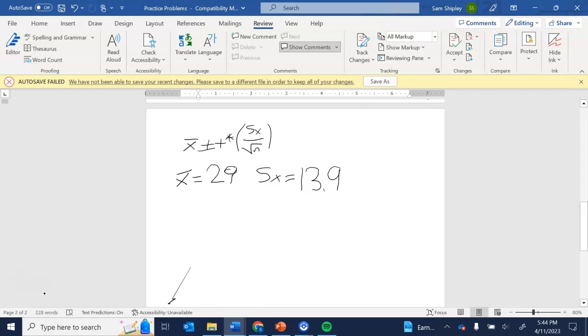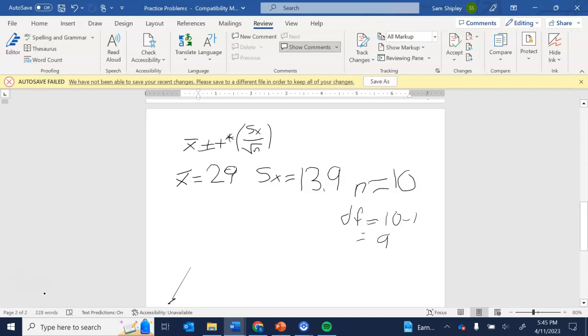Then n is the sample size. Remember, we have 10 numbers that were given to us, 10 different Arby's locations. So that's the sample size. Now, DF, with a 90% confidence, DF is going to be 10 minus 1. The reason we do 10 minus 1, to look for the critical t value, is that you have to do whatever the sample size is minus 1. So DF equals 10 minus 1, which is 9.